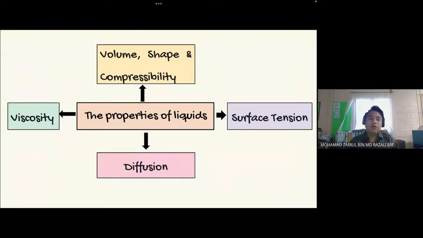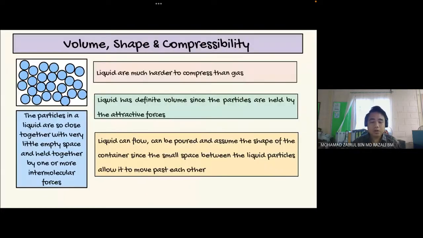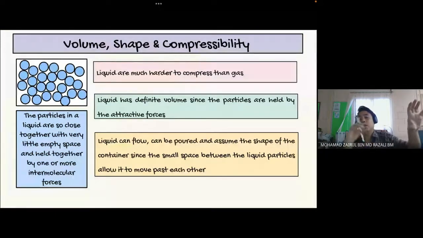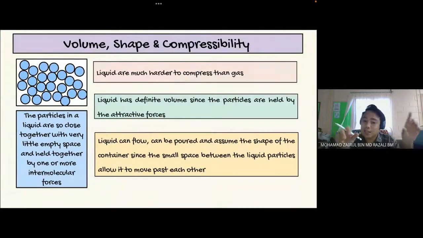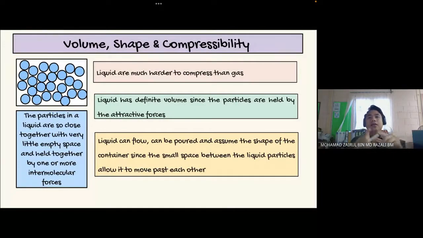Okay, so for a liquid, there are 6 properties that you need to explain. Volume, shape, compressibility, surface tension, diffusion, and also the viscosity. You need to be able to explain lah. Okay, so if we compare the particle arrangement in the gas and in liquid, sebab sebelum ni kita baca tentang gas, we can see that the particle in the liquid itu is much more closer together compared to the gas.